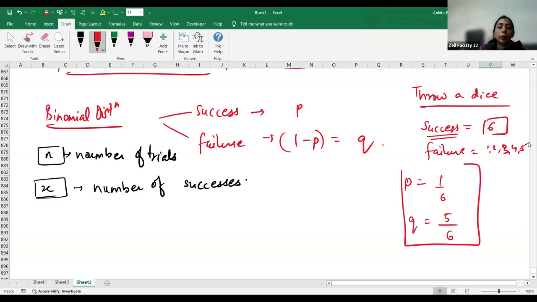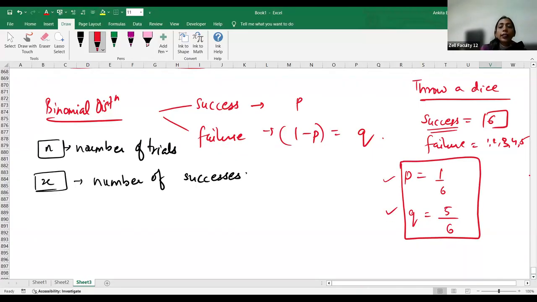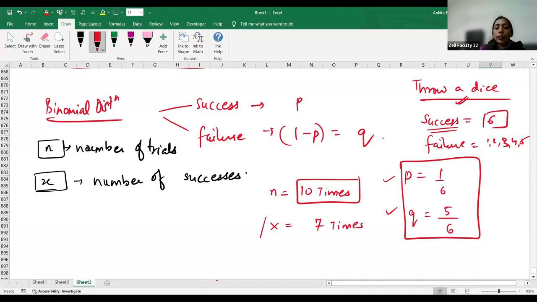Now let's say I am throwing this dice 10 times. So my number of trials is 10, and I want to have 7 successes. That means out of 10, I'm looking at 7 times to get 6 on my dice.